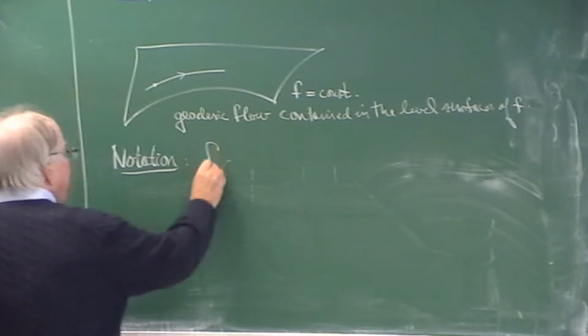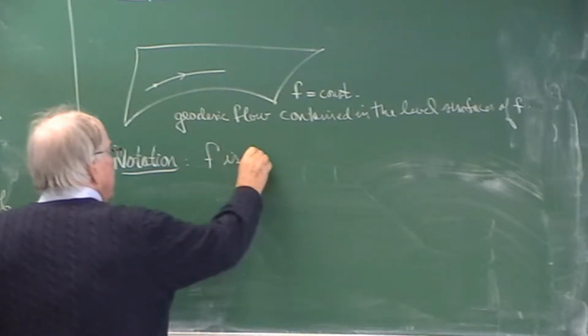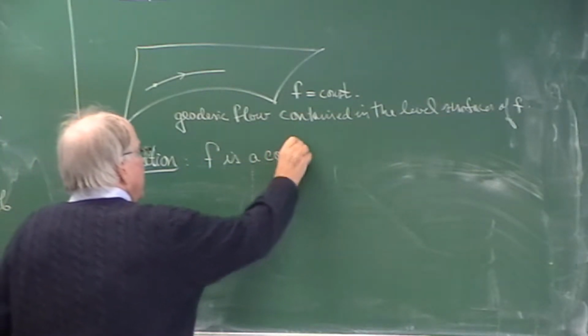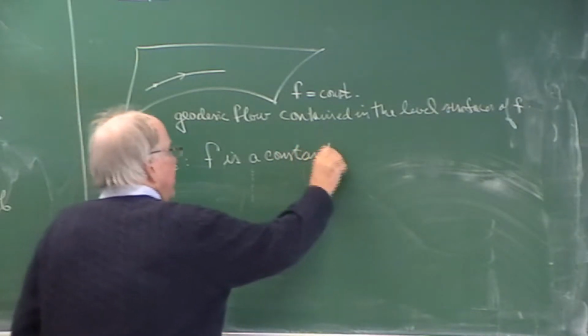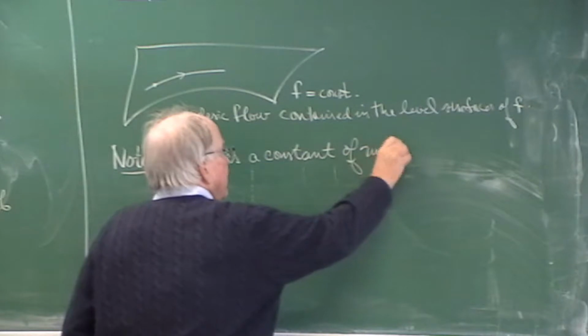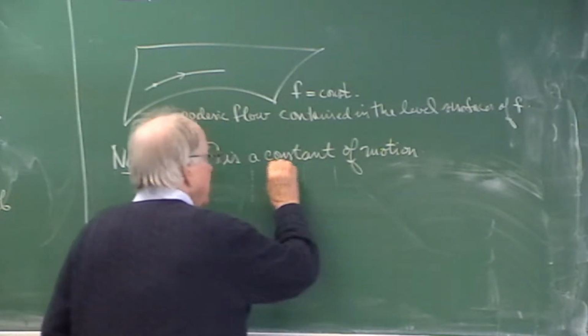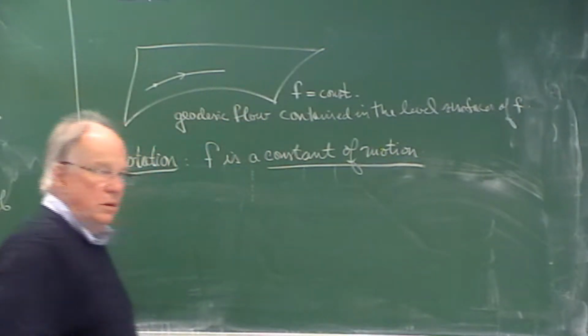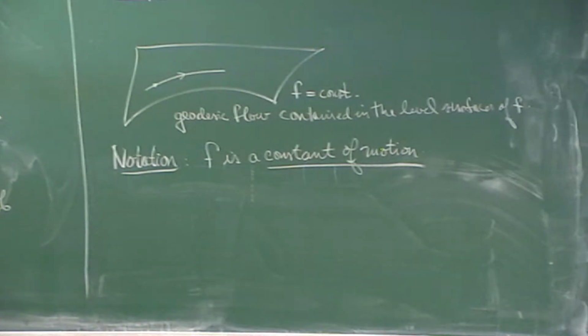We say that F is a constant of motion of this dynamical system. It's a smooth dynamical system, it is an ODE, and we say that F is a constant of motion in this dynamical system. F does not change. Okay?